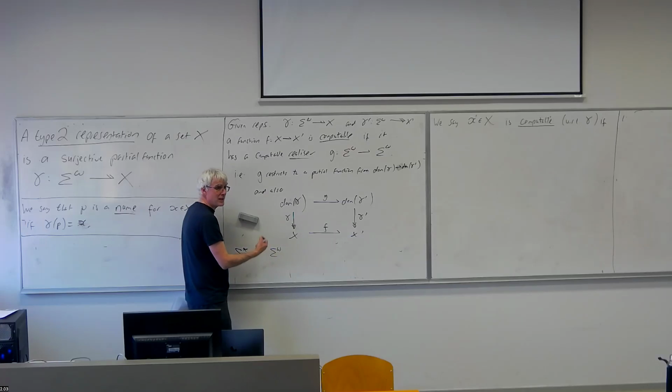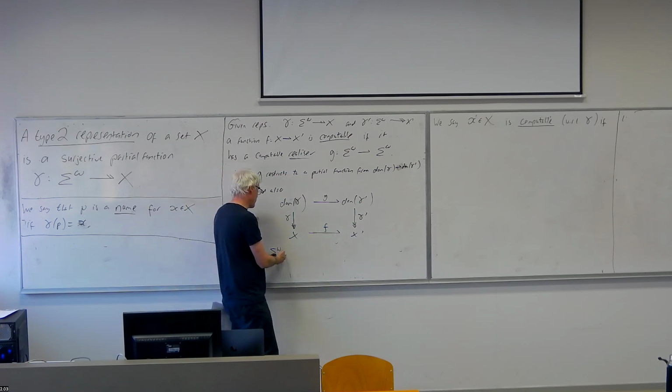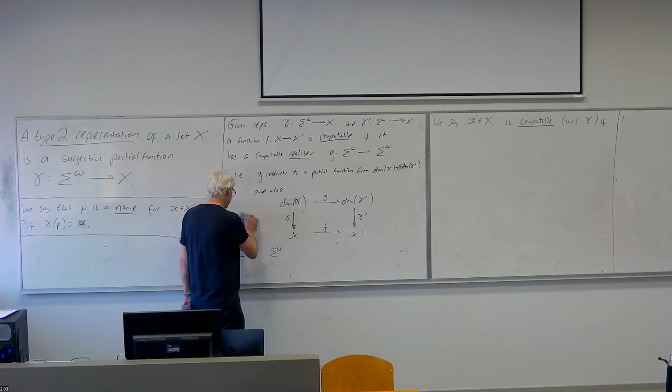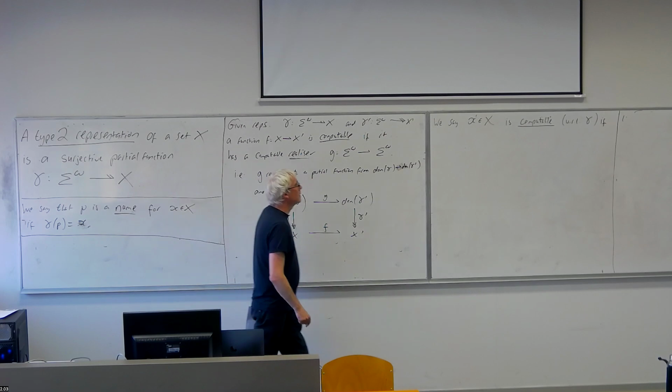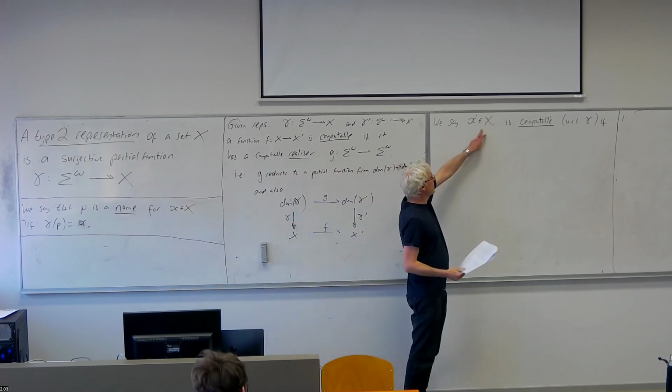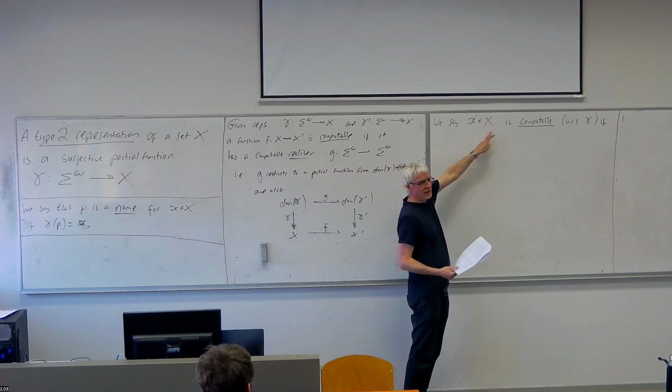Of course, it does make sense, because two lectures ago, that was one of the concepts we introduced for type 2 Turing machines. An omega word is computable if, as we will remember, there's a type 2 Turing machine that doesn't take any input, but just generates the omega word. So given that, when do you think an element of a represented set X is computable?